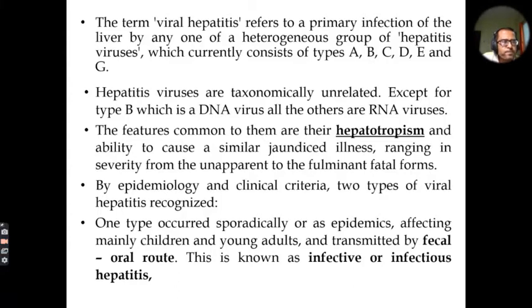But some members of this group of viruses cause fulminant, fatal forms of disease, meaning we can easily know which type of infection it is. Now you know that when a person is suffering from jaundice, then particular characters are shown.